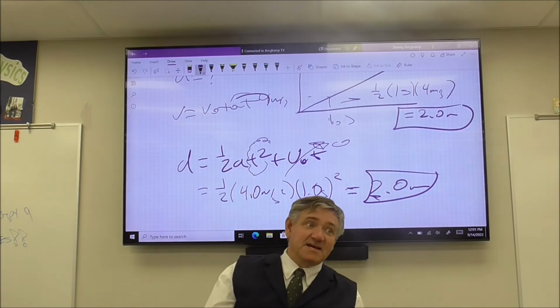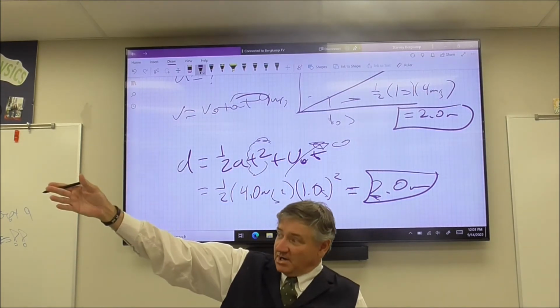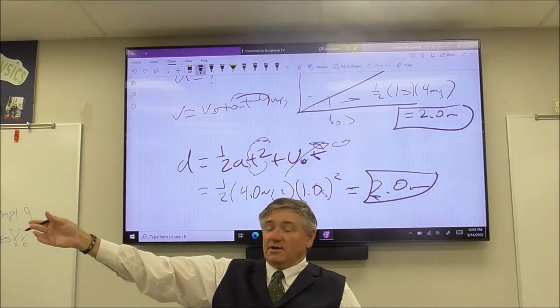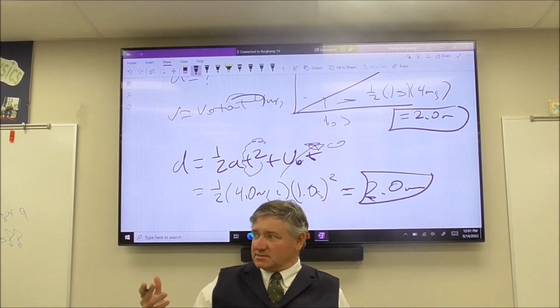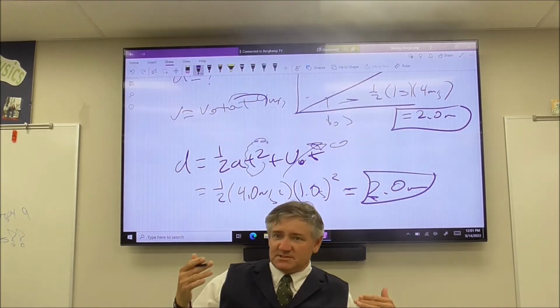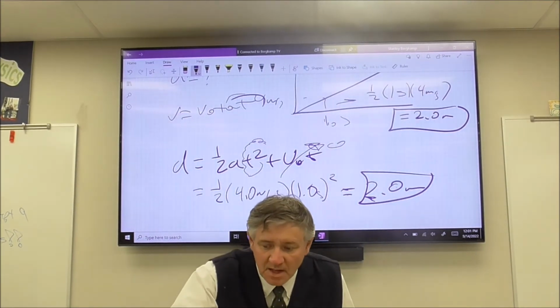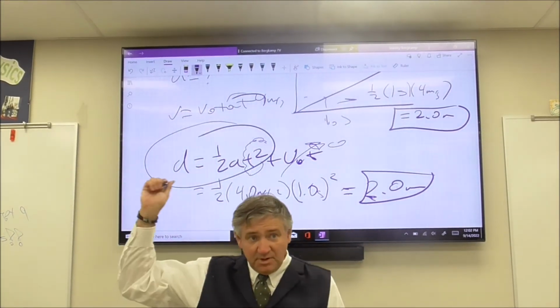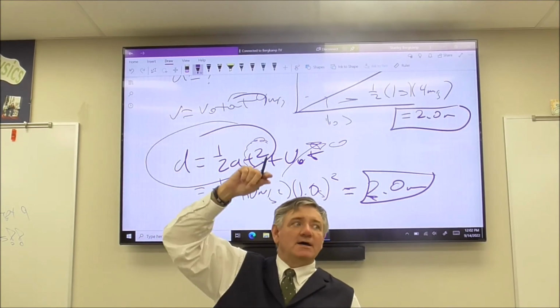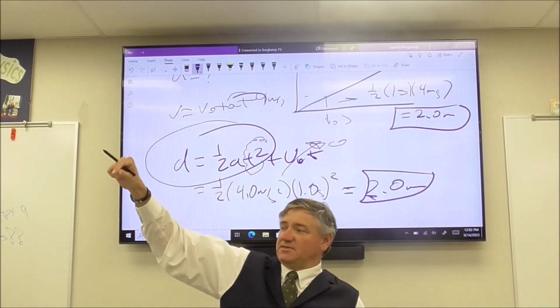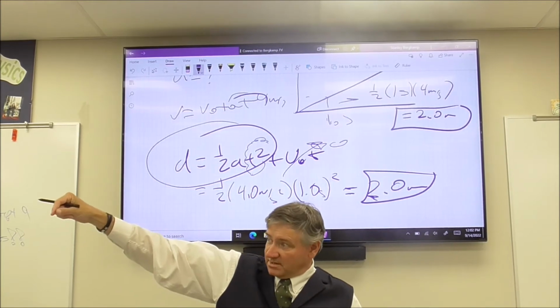Which I should. I can't have the area of the triangle producing one answer and one of my kinematic equations go, no, it went a different distance, okay? They both have to produce the same one. The advantage of this one is that you're going off of known values. I'm not basing this off of that 4 meters per second, okay?